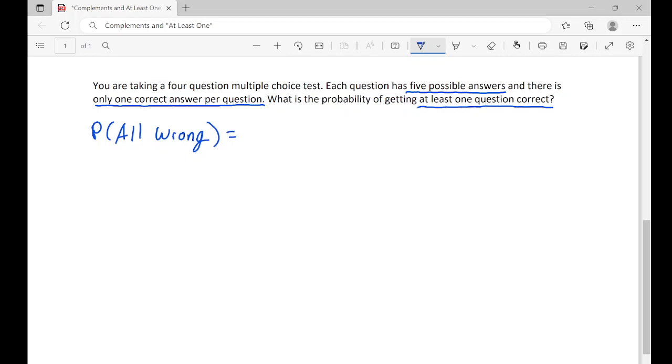So our probability, and I'm going to use decimals this time, is we have an 80% or 0.80 chance of getting a question wrong any given time. And we have 4 questions on this multiple choice test. So we can say it's 0.80 raised to the 4th. So 0.80 for each one to give us all wrong answers. And that will end up giving us 0.4096. So the probability of getting them all wrong is 0.4096.